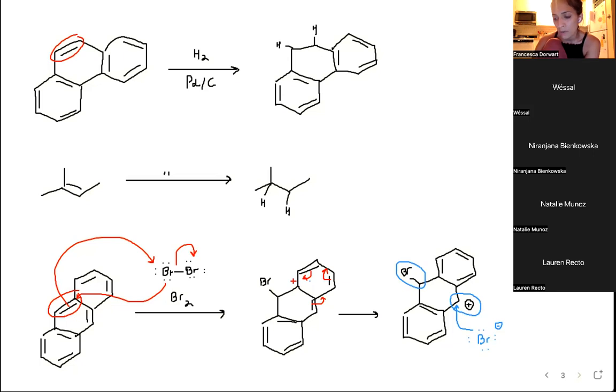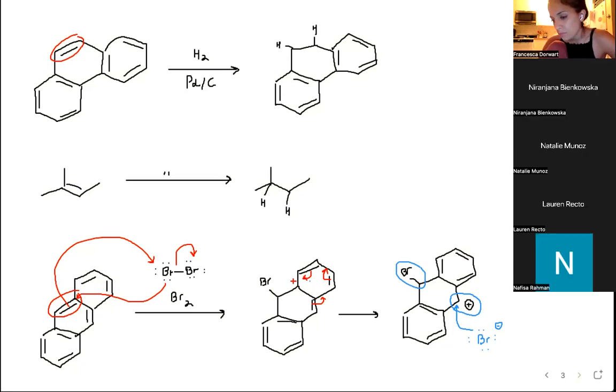We talked in class about number 5 in terms of the geometric isomerism. Question 6 and question 7 are great examples of basicity of lone pairs, and we kind of talked about that already with pyridine versus imidazole.